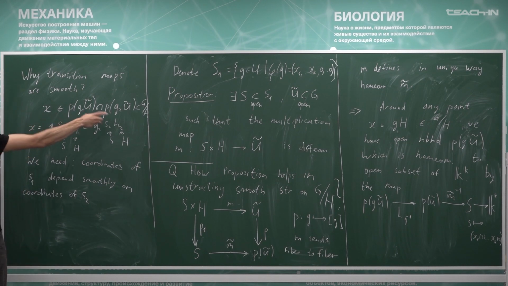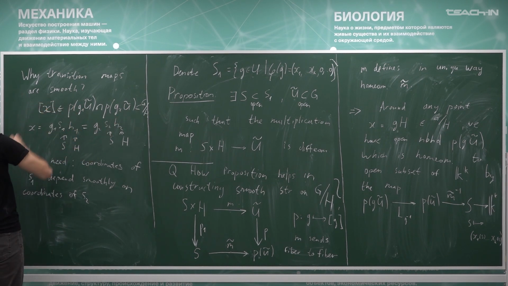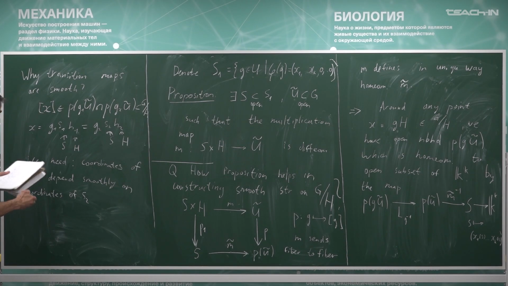So, by the way, this is inside G over H, so this is a class, and the corresponding representative I can write down as this. Therefore, how can I check that coordinates of S1 depend smoothly on coordinates of S2? Well, we change only coordinates of S2, right?